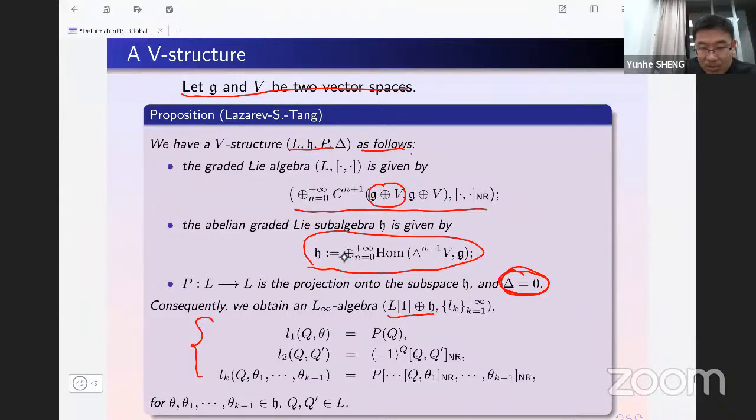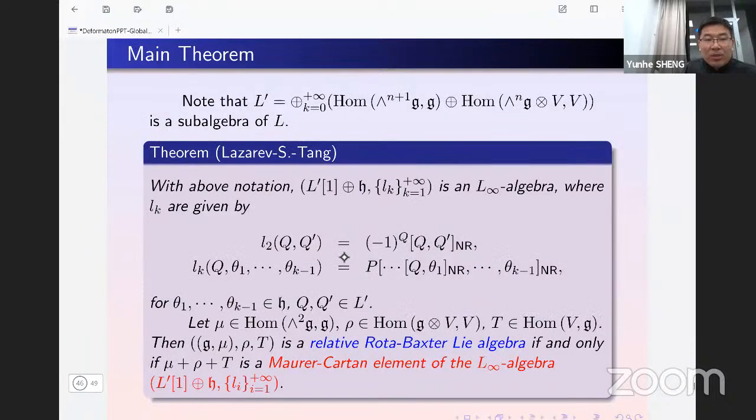So it looks like this. Okay, and then we are ready to formulate our main theorem. So the L prime, which is also used several times, is a subalgebra of L. It is easy to verify this fact.